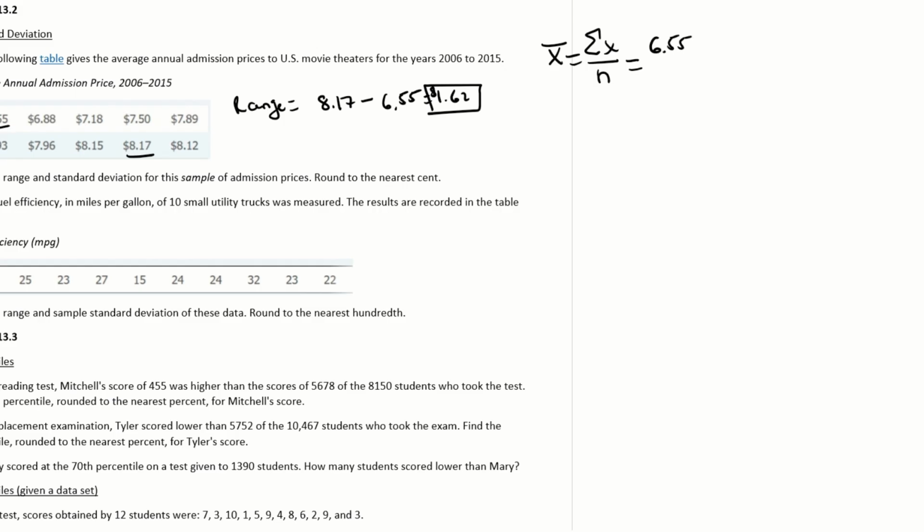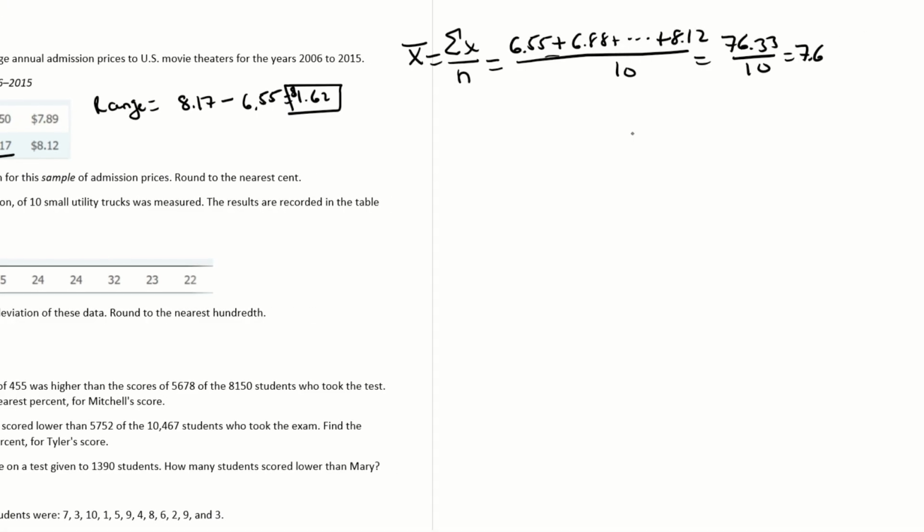So we have $6.55 plus $6.88 all the way to $8.12, and we had 10 admission prices. So we get 76.33 divided by 10. Our average price is $7.63.